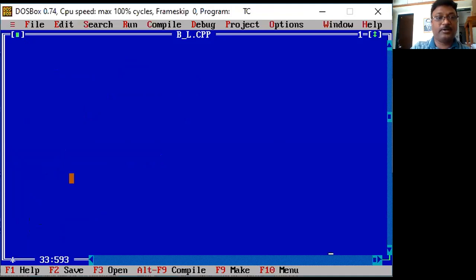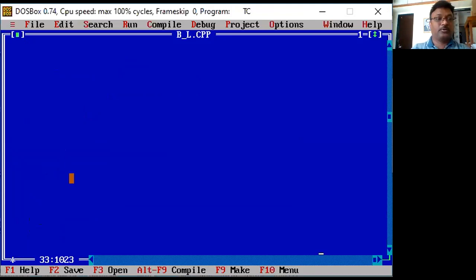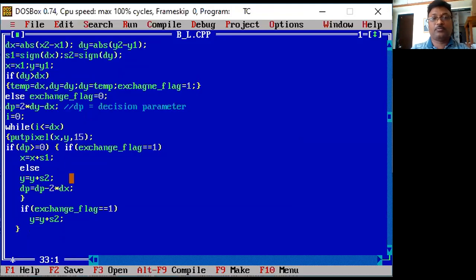Wait for a moment. They have put in the line directions. If exchange flag is 1, then you have to put the else part here: else x is equal to x plus s1.